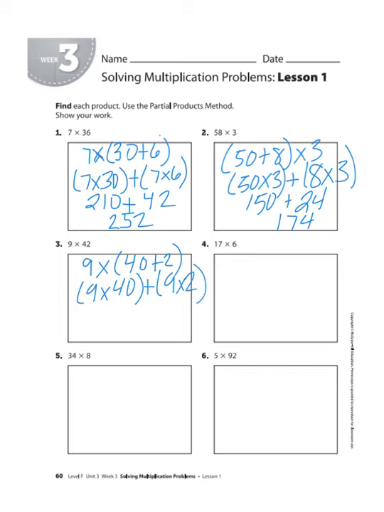Now you're going to do your multiplication. So 9 times 40 is 360 plus 9 times 2 is 18. So 360 plus 18 is going to be 378. So again, you only have to do the final 2 steps.